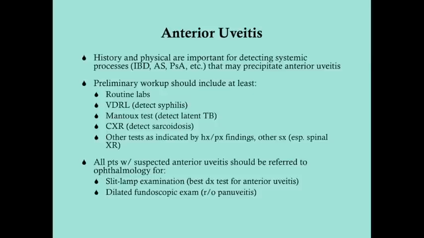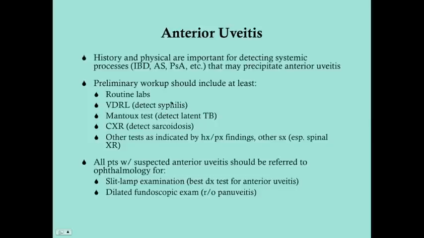All of these are associated with anterior uveitis. If any of these are present, you want to know, because it definitely is going to increase the likelihood of anterior uveitis being the diagnosis.